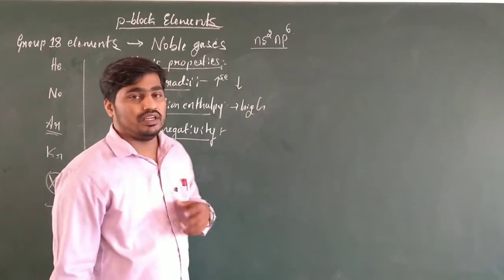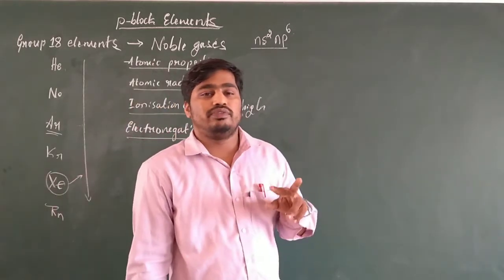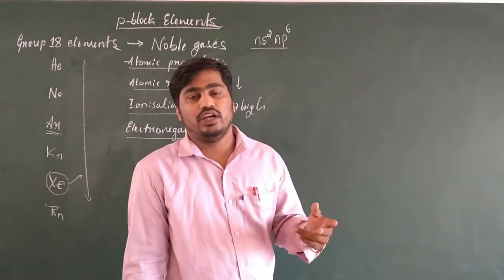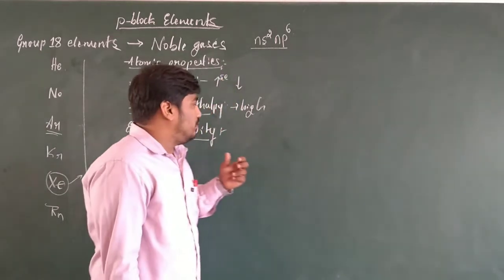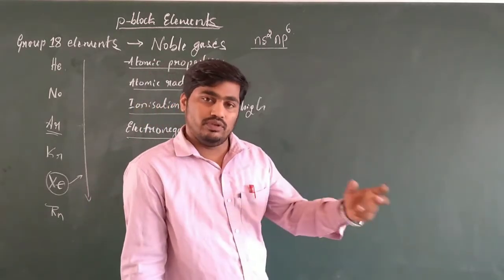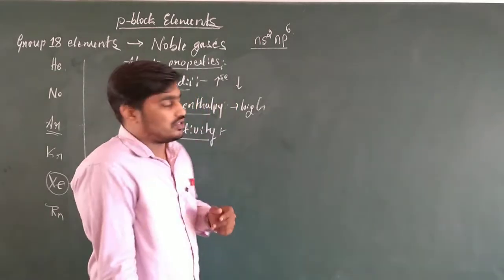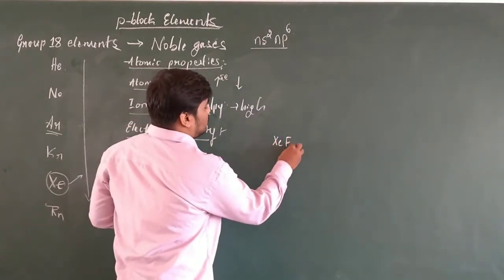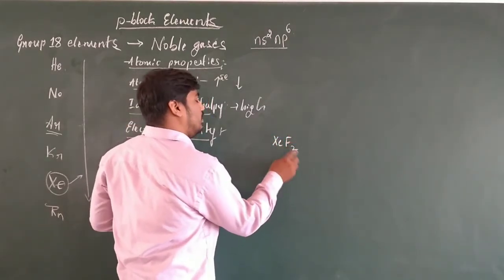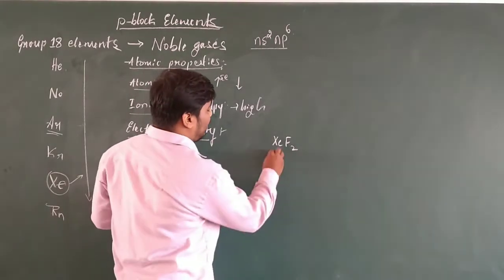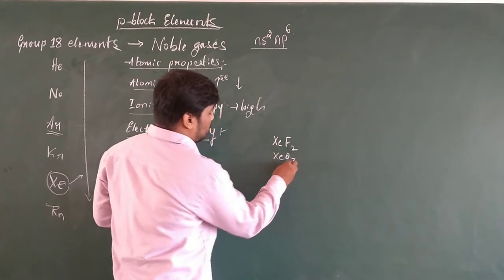Nowadays, we observe two different types of compounds. They are formed with fluorine and oxygen. This is because of the high electronegativity of fluorine and oxygen. Because of that, some compounds are observed: xenon difluoride, tetrafluoride, hexafluoride, and like that, and xenon oxides.